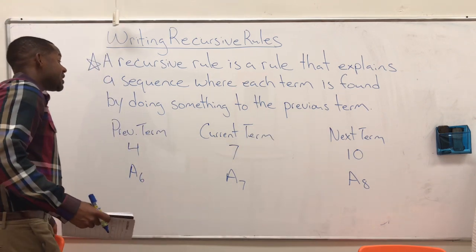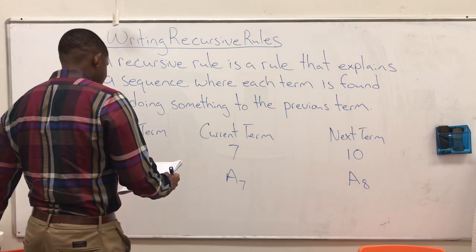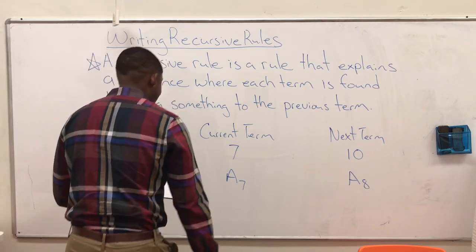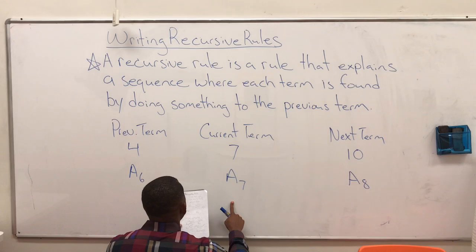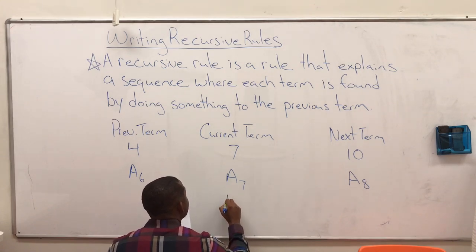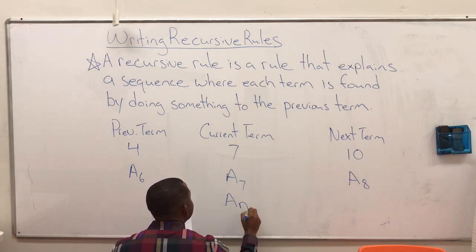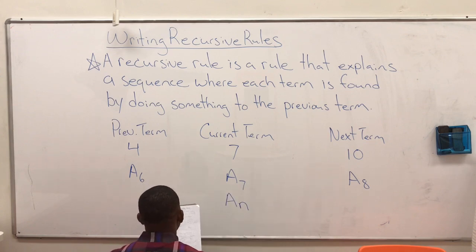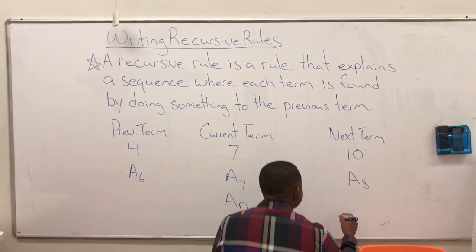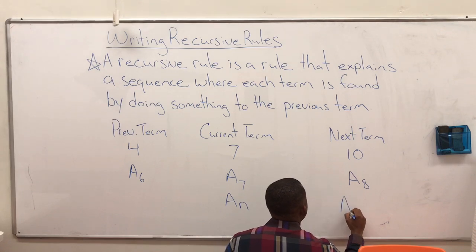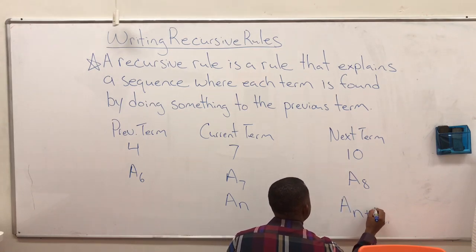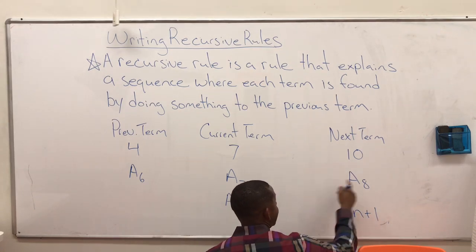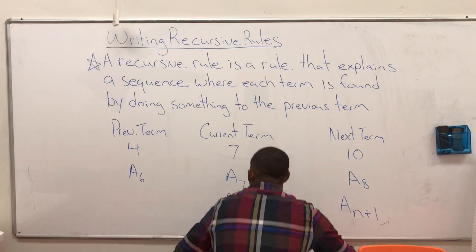Now, there's a generic format of this. And this is the part that you want to get. The current term is always called A sub n. This is like where you are right now. That's your starting spot, okay, in the generic form. The next term is always going to be called A sub n plus 1, right? If n is 7, the next term is 8, so it'd be n plus 1.